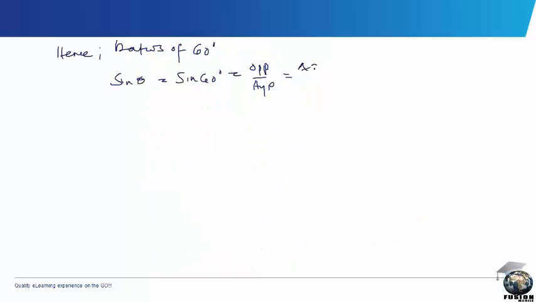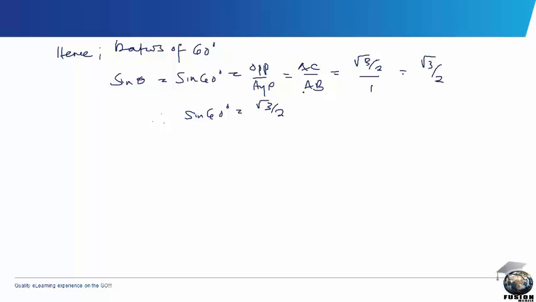Okay, AC over AB. The opposite side is equal to root 3 over 2, all over AB, which is equal to 1, which gives you root 3 over 2. Therefore you can say that sine 60 degrees is equal to root 3 over 2.